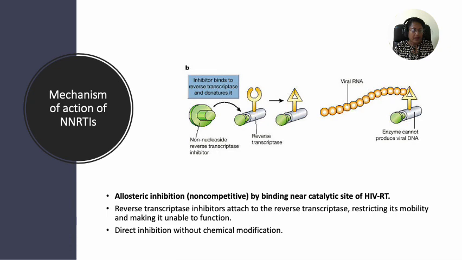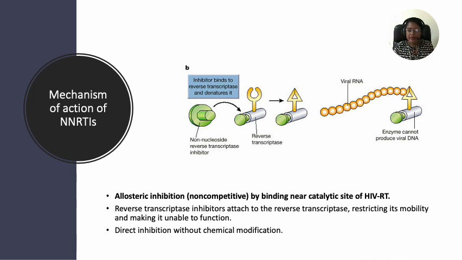So NNRTIs are allosteric inhibitors in a non-competitive manner. They bind near the catalytic site of the HIV reverse transcriptase. So they attach to the HIV reverse transcriptase, resulting in allosteric inhibition of RNA and DNA dependent DNA polymerase activity, as you see in the diagram.